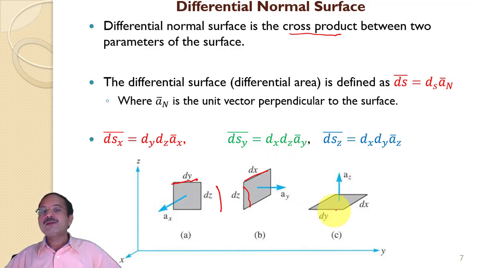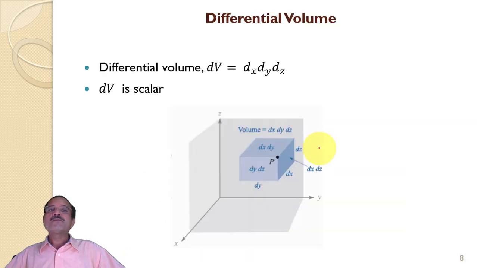In the same manner we get dsz, the differential surface oriented in z direction, and the magnitude is dx multiplied by dy, the product of these two sides. So this is about a differential normal surface. We usually need this to find the surface integral of any given surface.